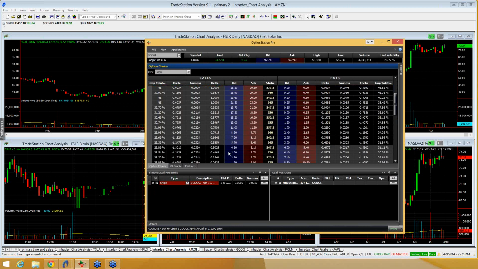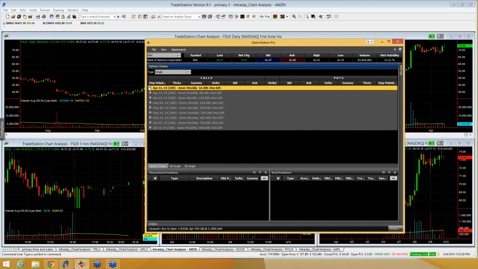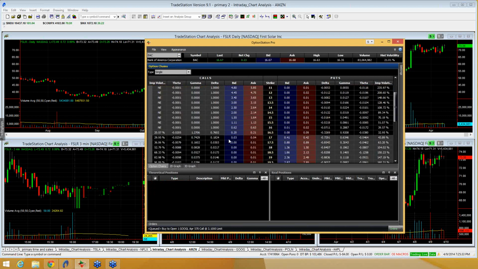But, and I'm not going to get into this insanely, the delta on Google is higher. You're talking about a 41-cent delta on that same Google example, where the delta on BAC, I believe, was 18 or so. Yeah, 18. So there's advantages and disadvantages. It just really depends on your comfort level. But for me, you asked what I like, what I search for. I search for the higher price because there's more strikes available, and I need less percentage move for one strike to go from out of the money to in the money and vice versa.